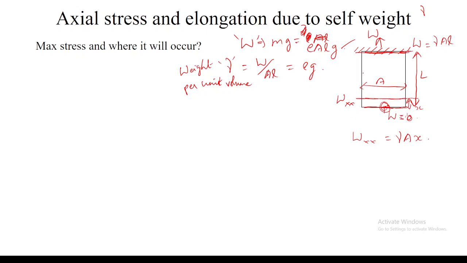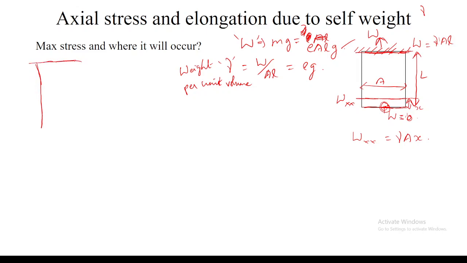So like that, if I go on increasing the value of x up to L, then here I will be getting the whole value gamma into A into L, which is the weight of this whole member. And that weight of the whole member will be acting as the reaction force at this fixed support. So when I draw the loading diagram, or the variation of load for this member, how will it look?